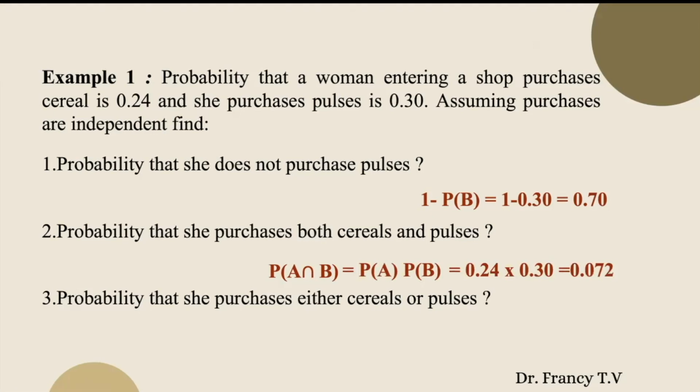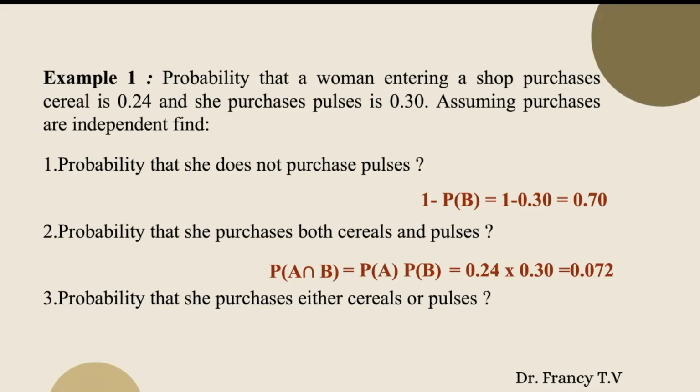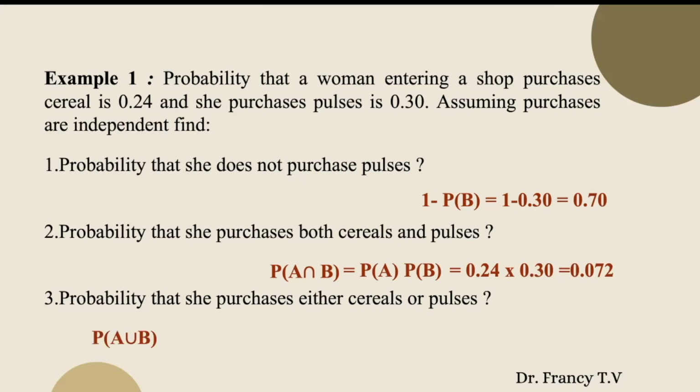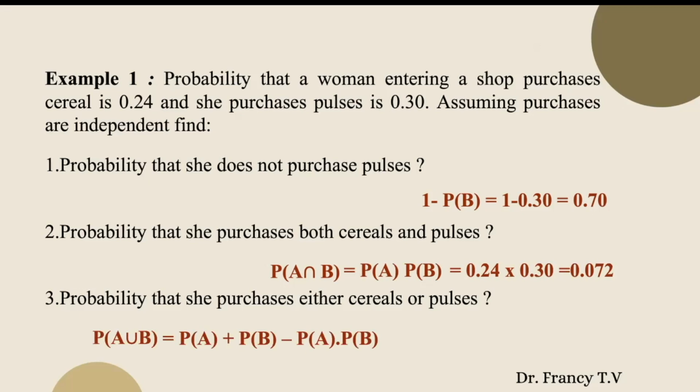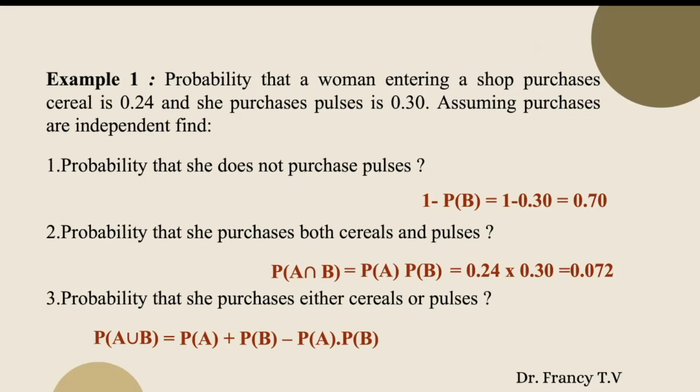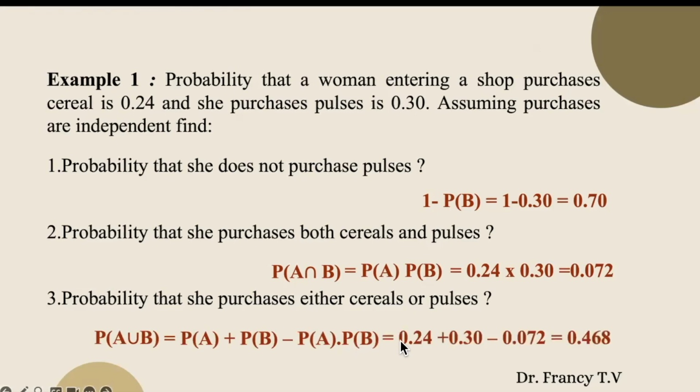Third one, she purchases either cereals or pulses. Either cereals or pulses means A union B. Probability of A union B: for that I can apply the addition rule, which states that probability of A plus probability of B minus probability of A intersection B. But in this case, A intersection B will be equal to probability of A into probability of B. Now we can substitute the values and compute probabilities.